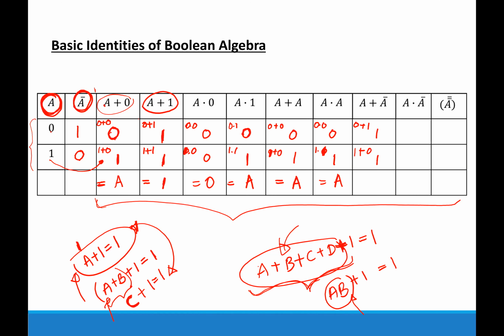Again, the answer is equal to 1. Now, another important result: if we take A plus A bar, the answer is equal to 1. Okay, if we add A and A bar, always the answer is equal to 1.